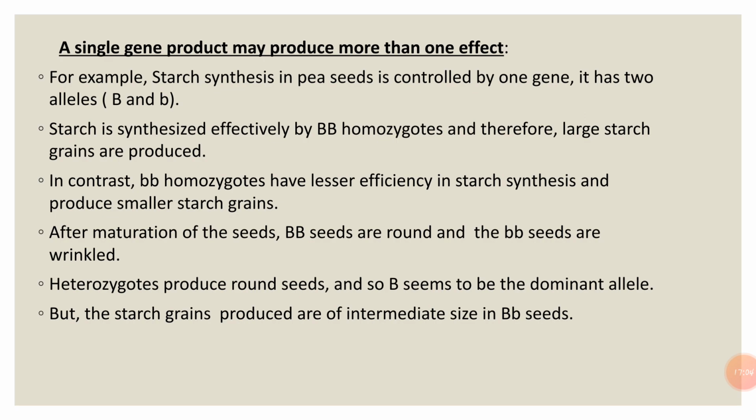So one gene product is going to have more than one effect. The gene is known for starch synthesis, but it also controls the size of the seed. So the intermediate size represents one more effect of the gene. It means that a single gene product may produce more than one effect, right?